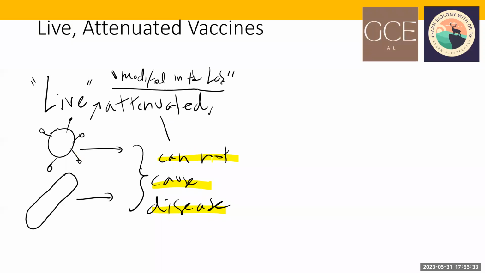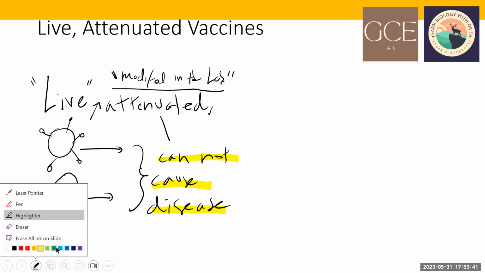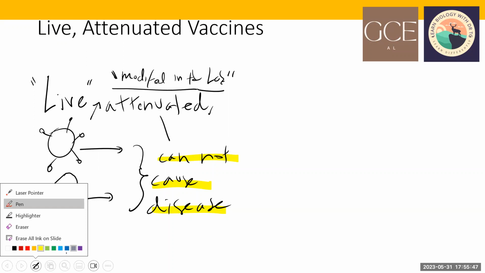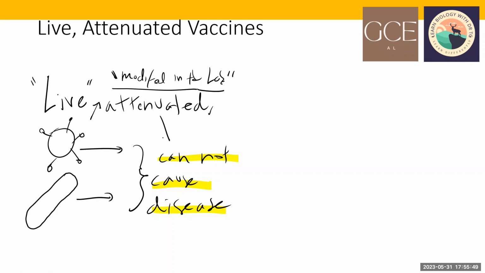The pathogen cannot cause disease, but it's live. It has a complete cell structure and it's live. Okay, now next thing, we inject these live attenuated pathogens into the body.